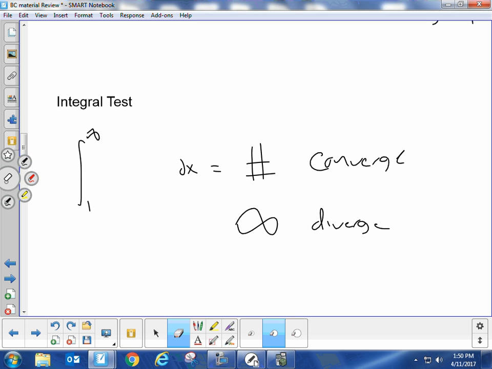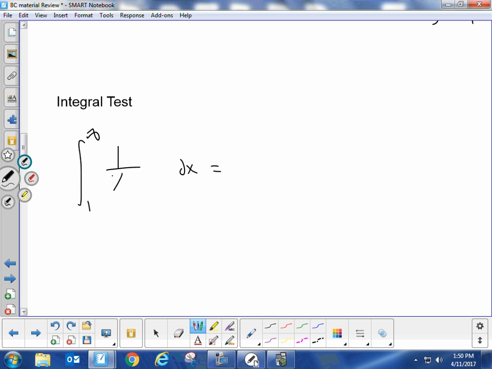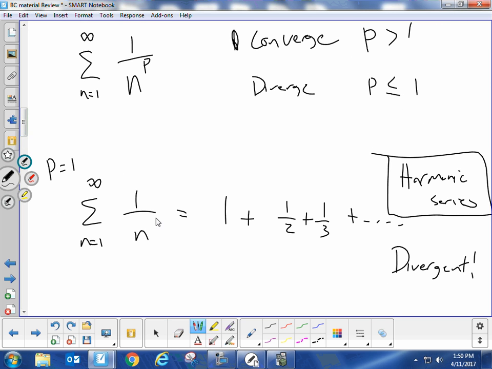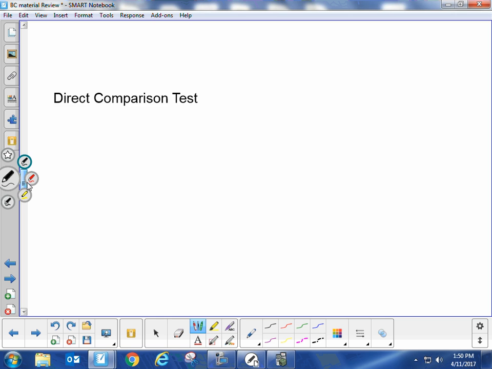Sometimes you will have to use the integral test based on the function. I'll just quickly show you, and we already did this. If you had 1 over x, we know this is log x from 1 to infinity, and this is divergent. So that confirms that the harmonic series, infinite sum of 1 over n, will diverge.